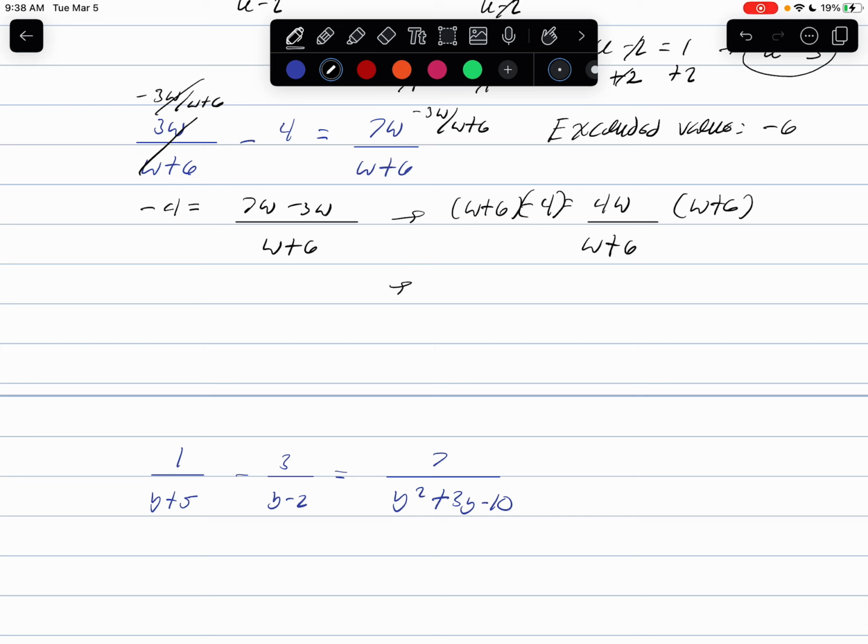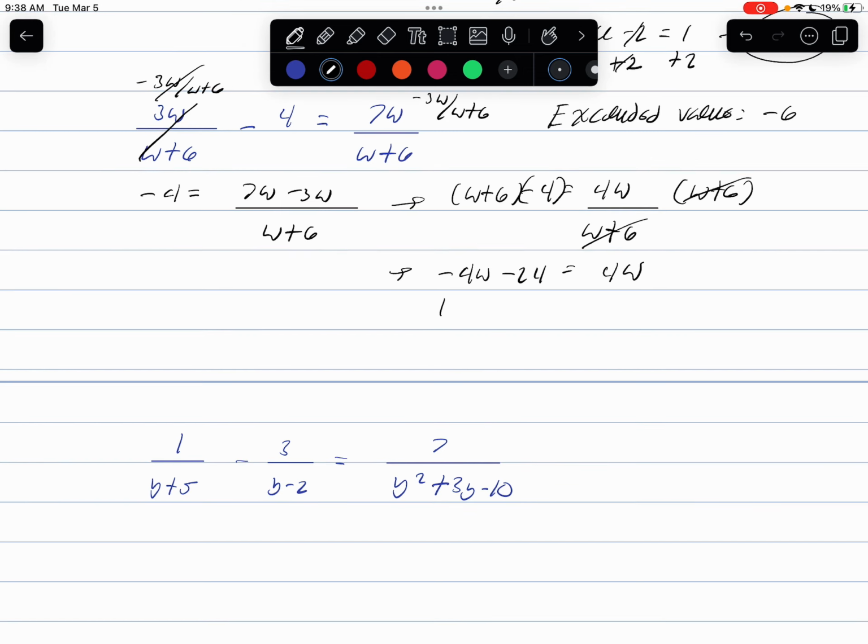And that's going to give us, if we go ahead and cancel here, we can distribute. So we're going to get negative 4w minus 24 is equal to 4w. So let's go ahead and add 4w to both sides.